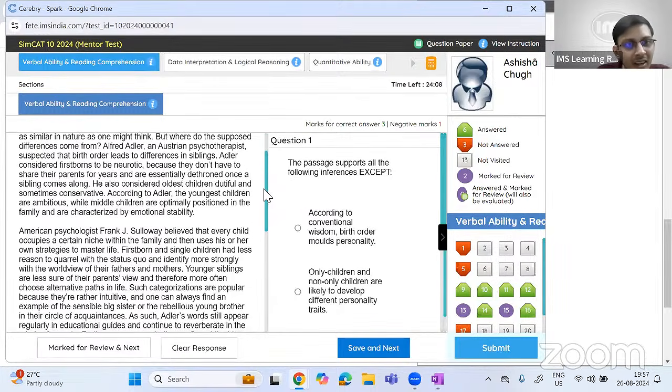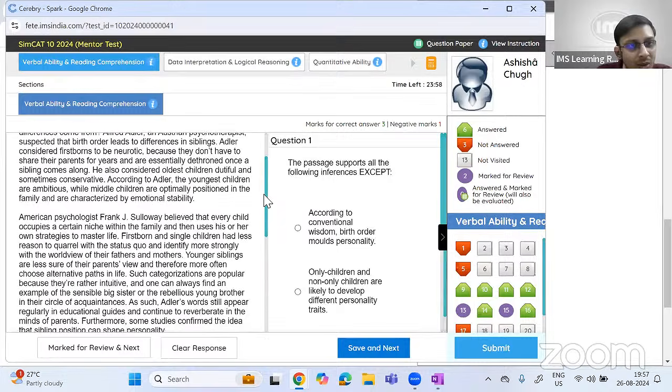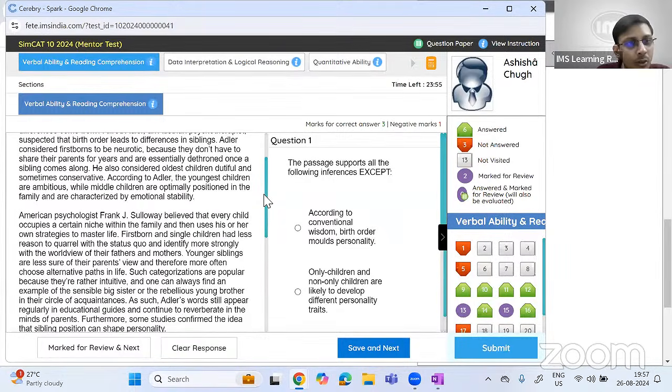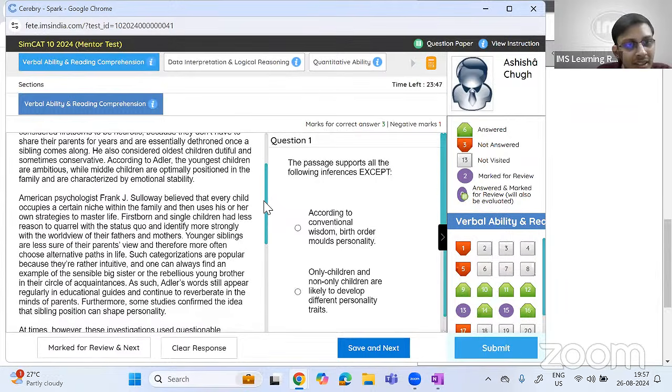Firstborns were considered neurotic because they don't have to share their parents for years and are essentially dethroned when a sibling comes along. He also considered oldest children dutiful, sometimes conservative. Youngest children are ambitious. Middle children are optimally positioned in emotional stability.